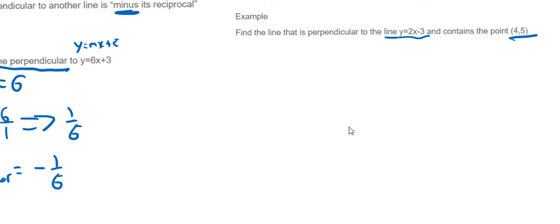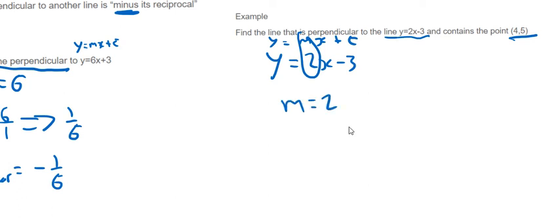So if I find the slope of y equals 2x minus 3 and then do minus the reciprocal, that has to be the slope of the new line. Then I can combine that new slope with the point 4, 5. Using y equals mx plus c, we can see that 2 is the slope of that line.